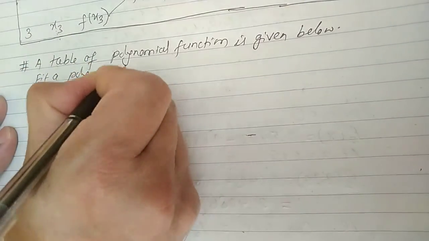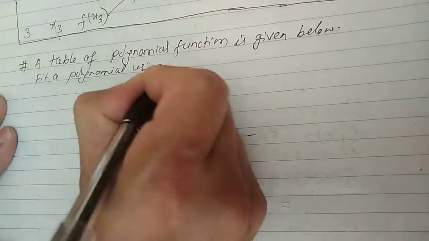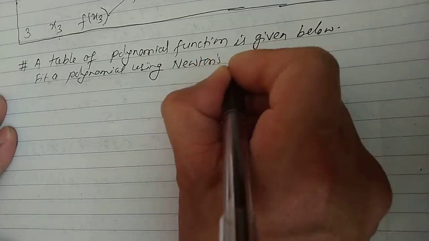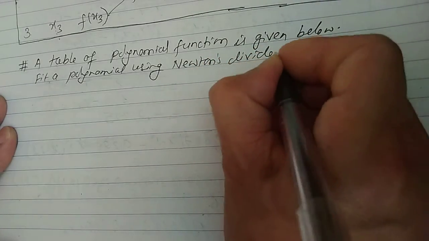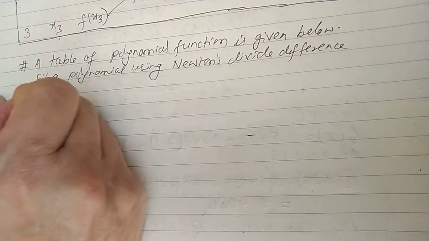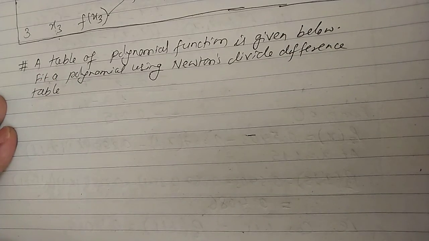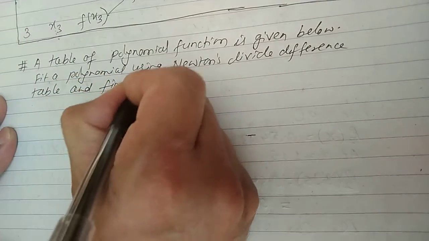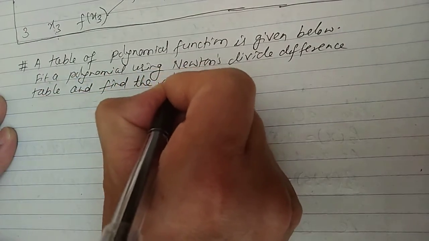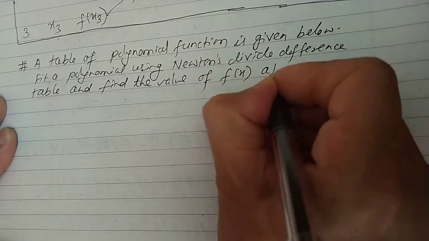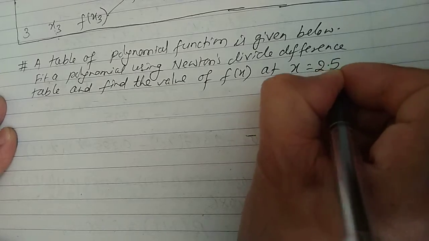Fit a polynomial using Newton's divided difference table and find the value of f(x) at x equals to 2.5.